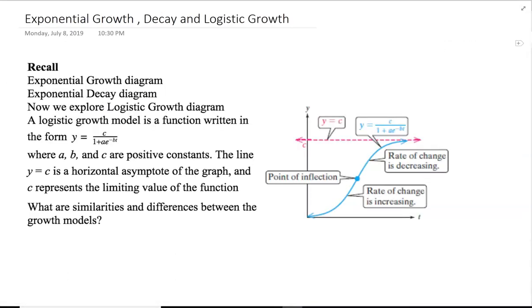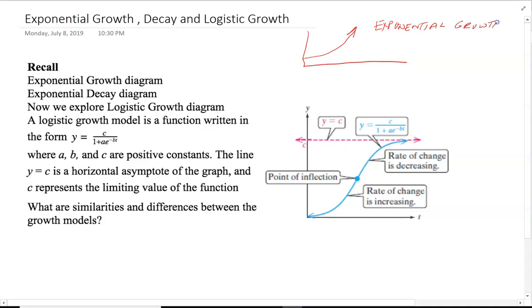We recall an exponential growth diagram. Exponential growth diagrams rise from left to right and go up pretty quickly. So this is exponential growth. Then there's also an exponential decay diagram.